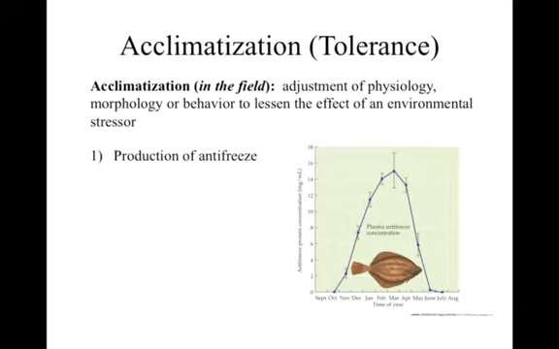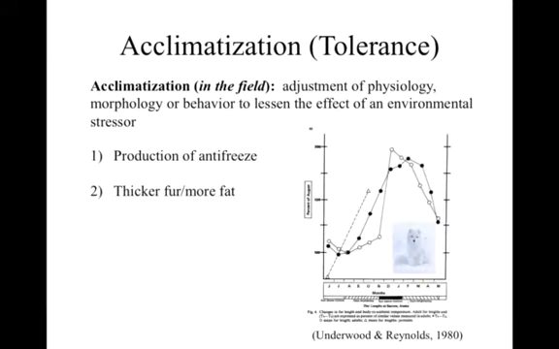What you'll notice is the amount of antifreeze in their blood varies seasonally. And so it sort of really starts to ramp up in October, and then it peaks in sort of February, March, and then it drops down again by June and July. And so basically that's a chemical production that adjusts their physiology so that they're much less likely to freeze when the water temperature gets cold.